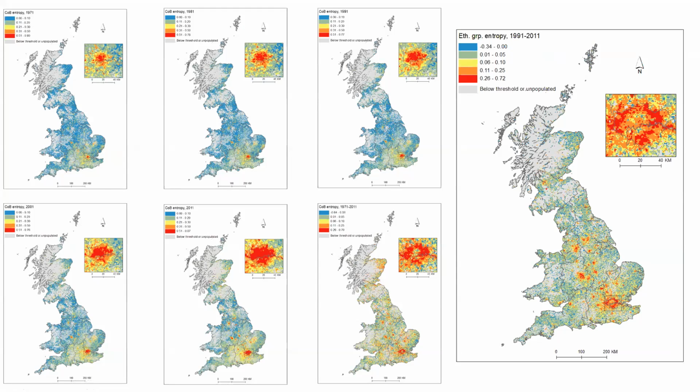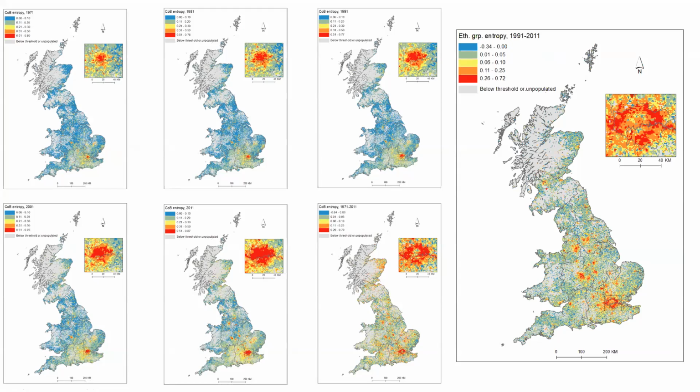Right, a lot of maps. What we're looking at here are the 6 small maps of that entropy value, that RDI, for country of birth. We'll ignore the one on the right-hand side just for the moment. Those are the maps for each of the censuses, each of the time periods in this population change resource, 1971 through to 2011. And then the last one is the change between those time periods.